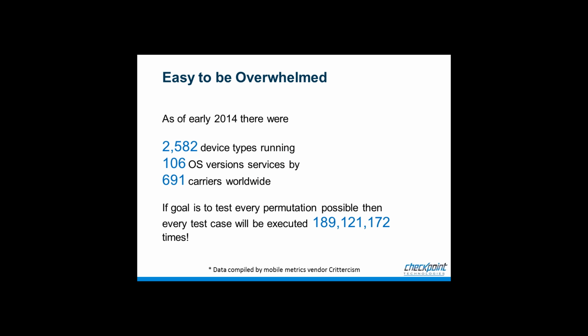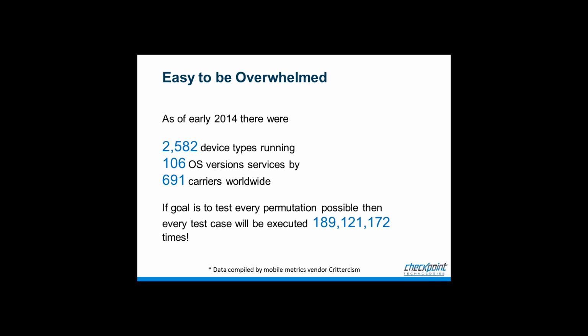And when it comes to mobile applications and mobile devices, it is very, very easy to be overwhelmed. As of early 2014, there were 2,582 device types running, with 106 different operating system versions worldwide, and 691 different carriers worldwide.